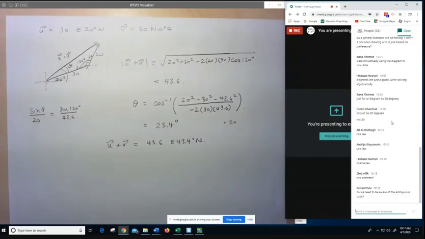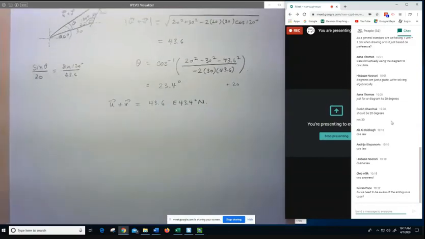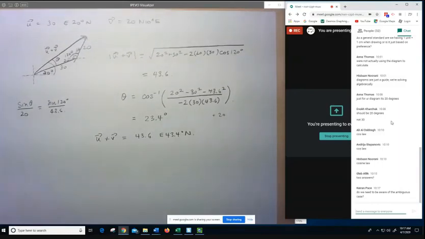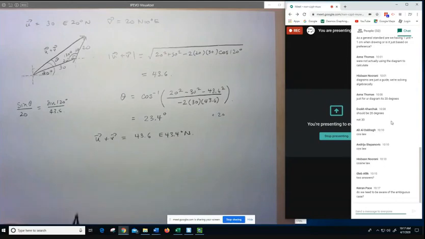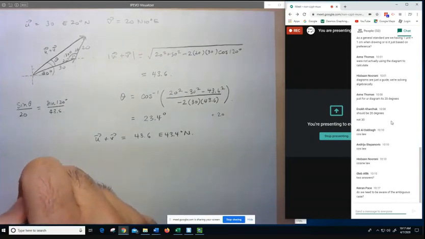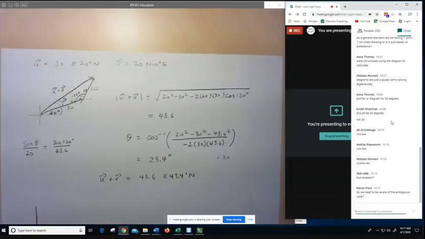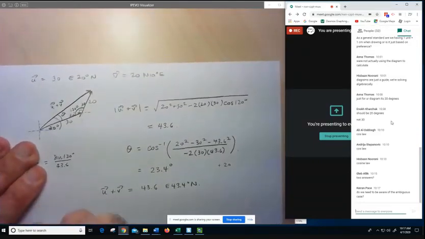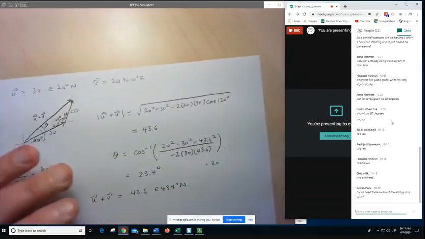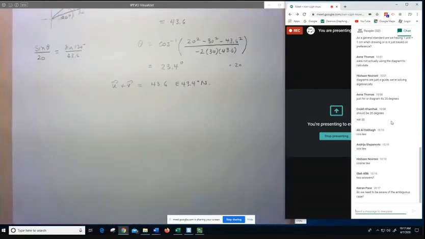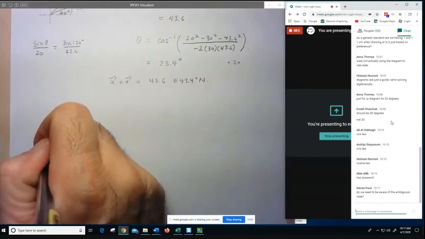All right, so let's take a look at the subtraction. Now there are a couple of ways of drawing this out for the subtraction. Oh, wait, sorry, I just realized I shouldn't be drawing that.